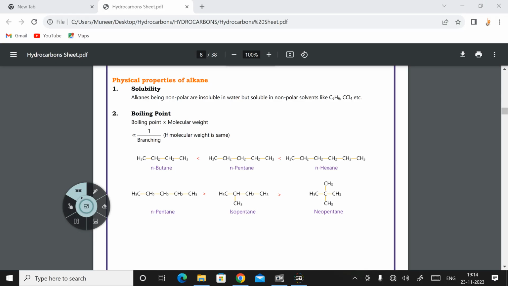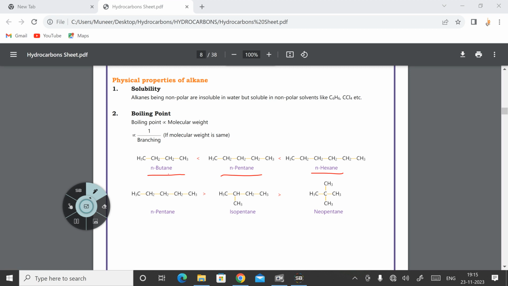Now, that is about boiling point. See, boiling point is proportional to molecular weight. If two different molecular weights are given, one is ethane and another is propane, propane has the higher boiling point because its molecular weight is more. If molecular weight is the same, the lesser the number of branches, the greater is the boiling point and the greater is the surface area. Like that: N-butane, N-pentane and N-hexane.